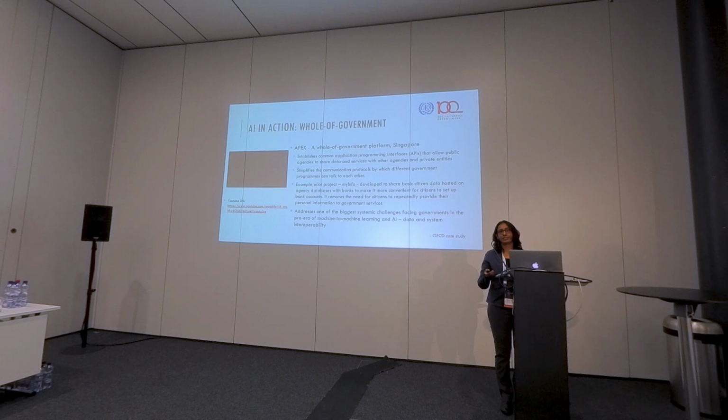What does this do? It simplifies the communication protocol between the different government departments, and they don't need to collect the data on individuals or citizens each time. So it simplifies the process by centralizing this, and APIs allow information communication to take place across different departments and systems, to expedite and improve efficiency.